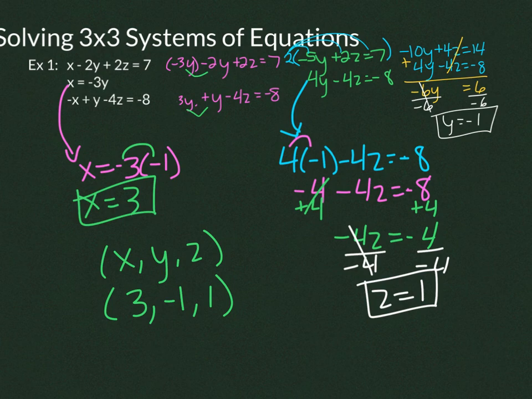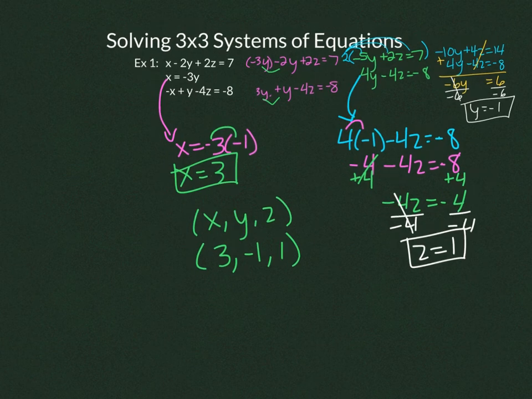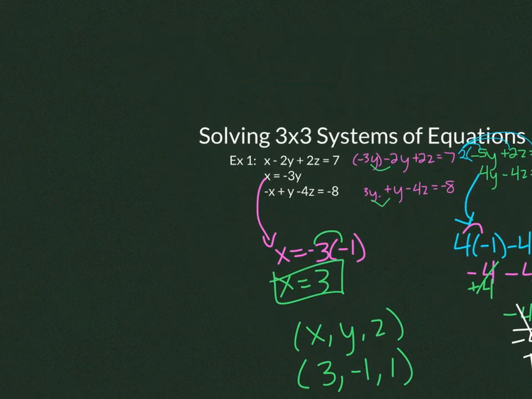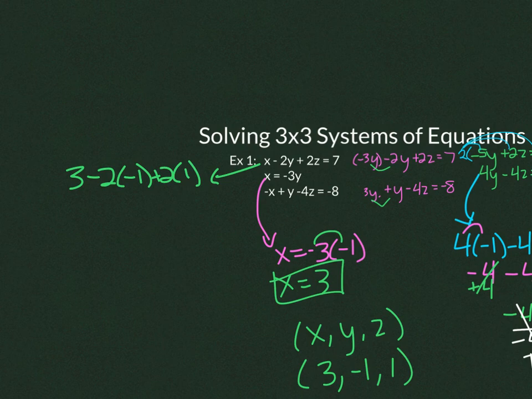There we go. Let's talk about checking our answer. What I can do to check my answer is replace the variables in my original equations. So x was 3, minus 2, y was negative 1, and z was positive 1. Let's see if that actually equals 7 like it's supposed to. I would need to multiply these.